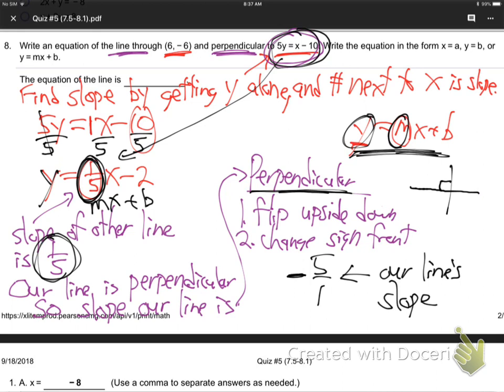So notice our slope is the opposite. Like two streets that run parallel go the same direction, so they have the same slope. And streets that are perpendicular, like the intersection, go opposite ways. So the opposite of 1/5, you flip it upside down and change the sign in the front. Both things. -5/1. Okay, all that just gives us our slope.